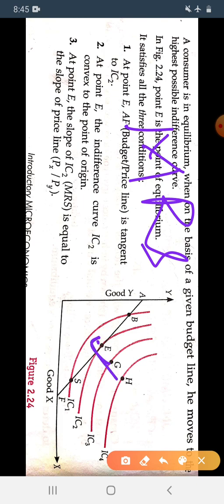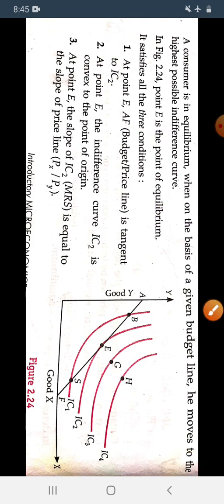At this point all three conditions are satisfied: the budget line is tangent to indifference curve IC2, the indifference curve is convex to the point of origin, and the slope of IC2, that is MRS of XY, is equal to the slope of the price line, Px upon Py. At this point, the consumer is in equilibrium.